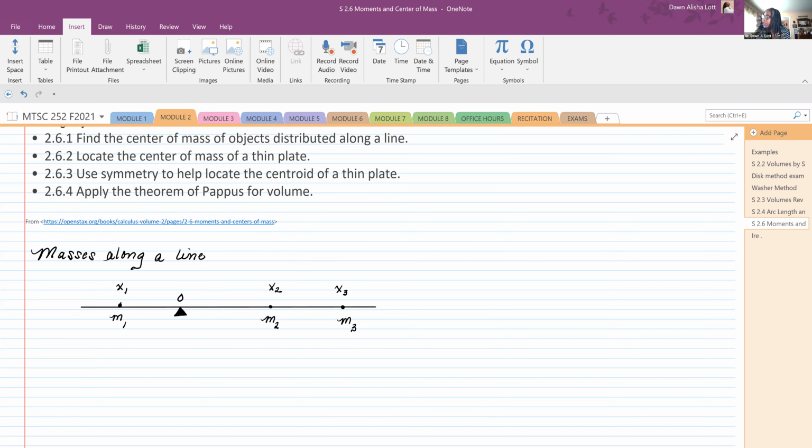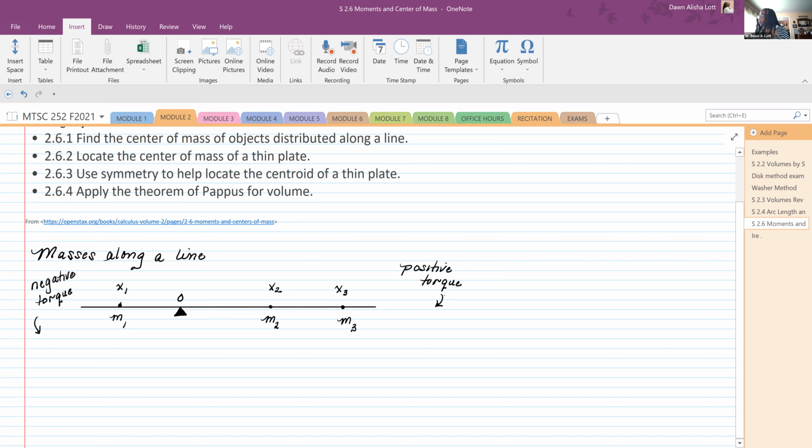So over here on the left-hand side, we have what we call negative torque. And that is a desire for this to rotate in that direction. And on this side, we have positive torque. And that is a desire for it to rotate in that direction.